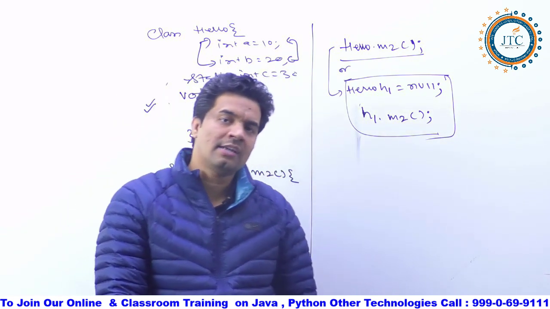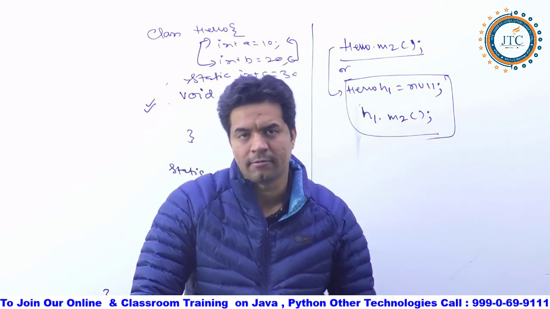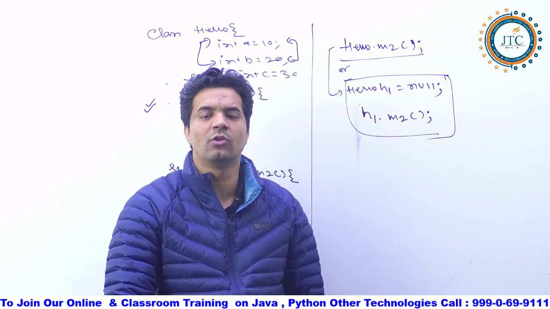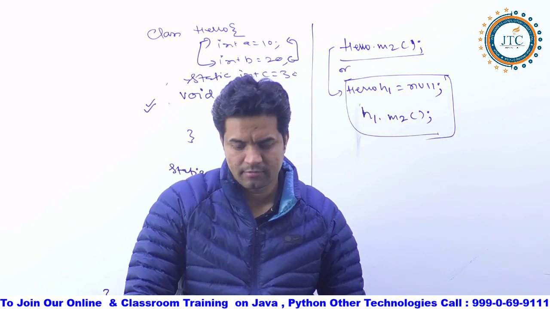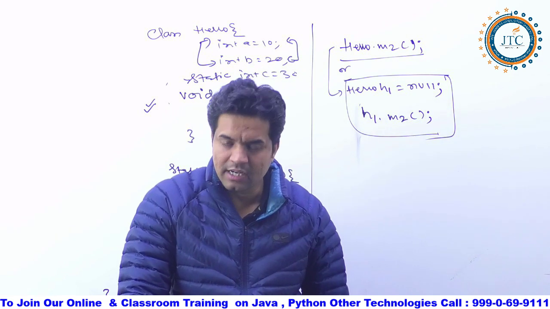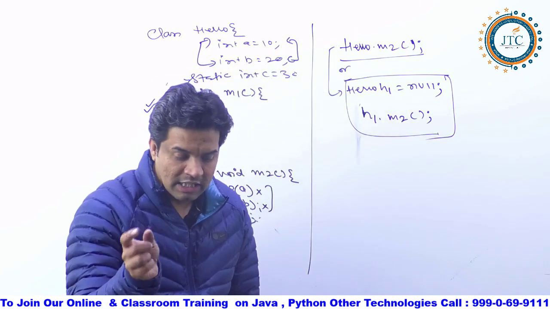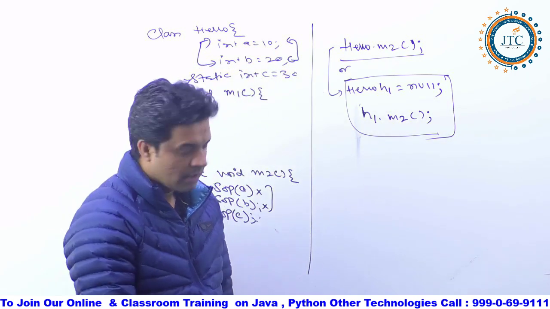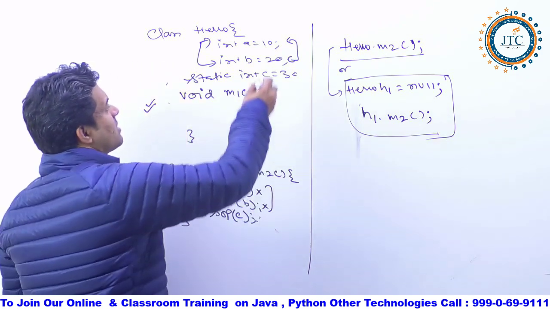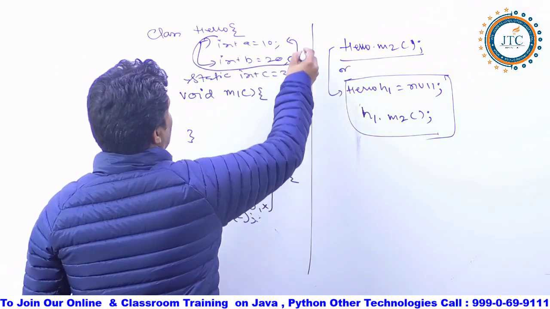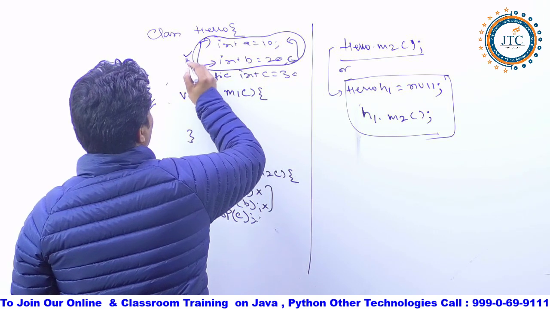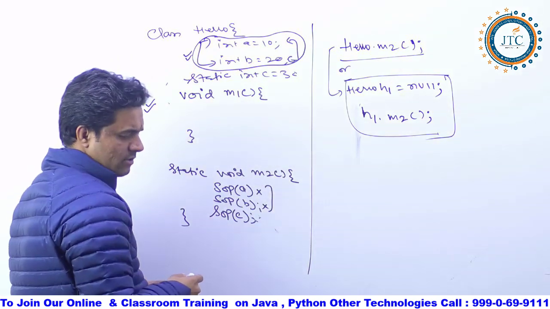Now, if that class has been loaded into the main memory, while loading the class, what is it going to do? First it is going to allocate memory for the static variables of the class.